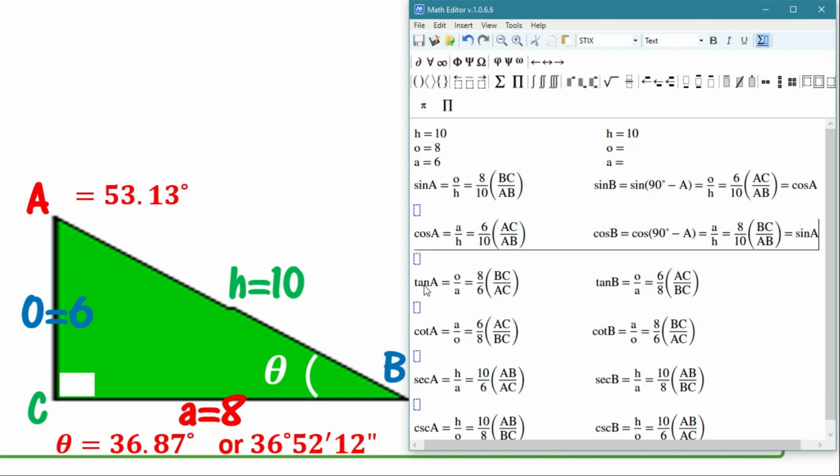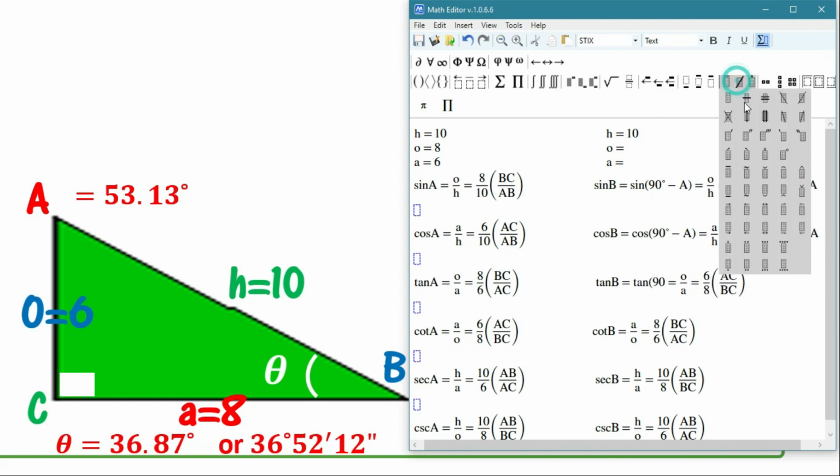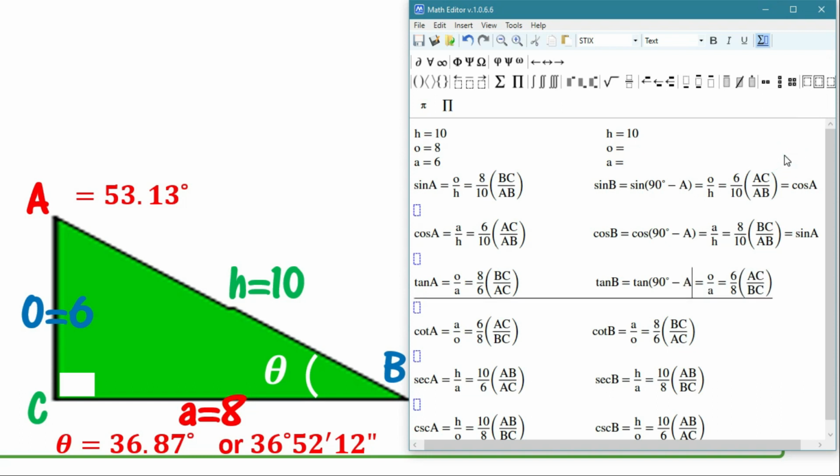Okay? Let us now try to have this one, tangent B. Okay? Tulad ng sinabi natin, A and B are complementary angles, so we can represent tangent B as the tangent of 90 degrees minus the measure of angle A. At kung mapapansin ninyo, saan ba natin makikita yung sides na AC over BC?